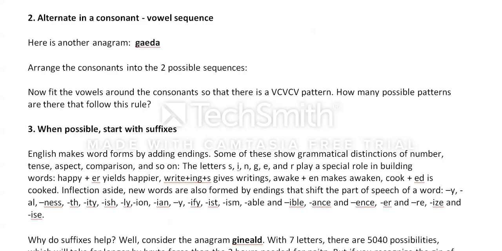That is, of course, G, D, and D, G. And now fit the vowels around that so that you get a vowel, consonant, vowel, consonant, vowel pattern. How many possible patterns are there that follow this rule? Not too many. Did you see one that looked like a word? The word should be adage, A-D-A-G-E. An adage is like a proverb or a saying.